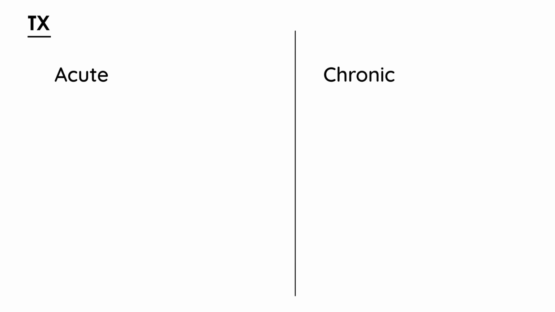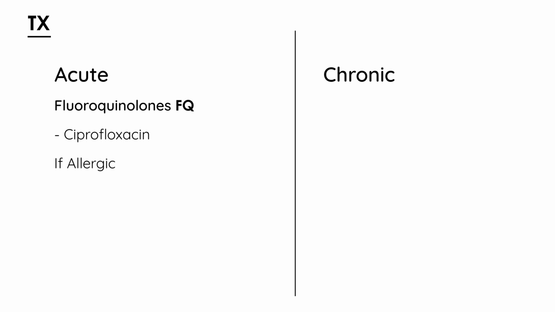Treatment of prostatitis essentially can be broken up into acute and chronic. There's a lot of overlap between the two. Acute cases of prostatitis are commonly treated with fluoroquinolones, in particular the very famous ciprofloxacin. If the patient is allergic to cipro or allergic to any type of fluoroquinolone, then you can use sulfa drugs such as trimethoprim sulfamethoxazole.